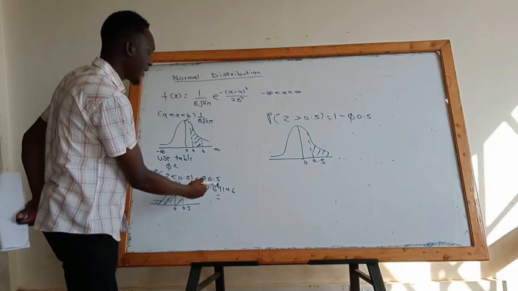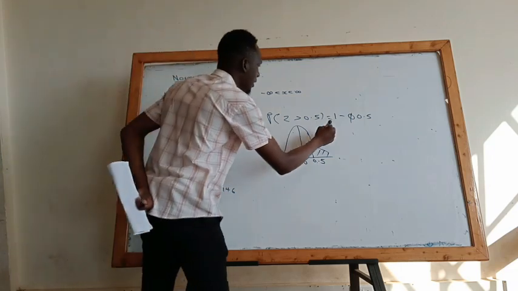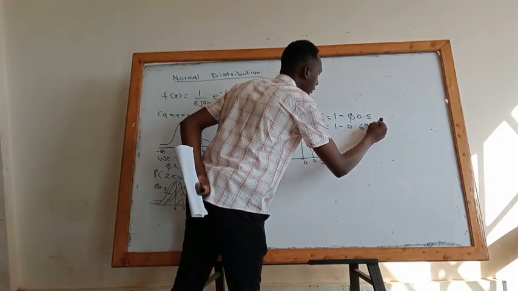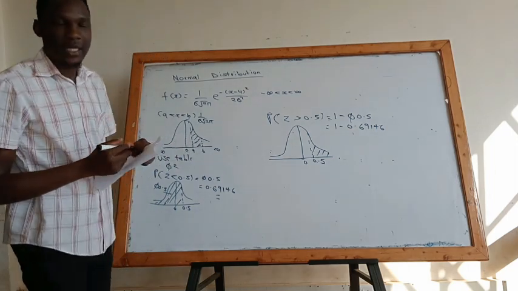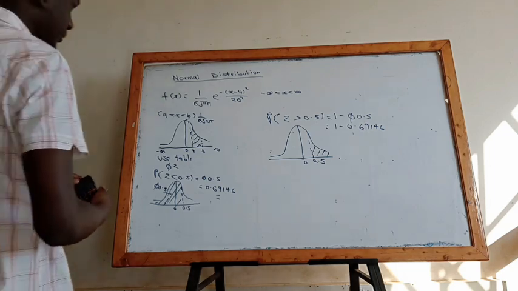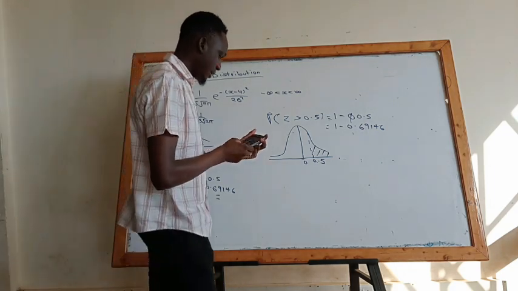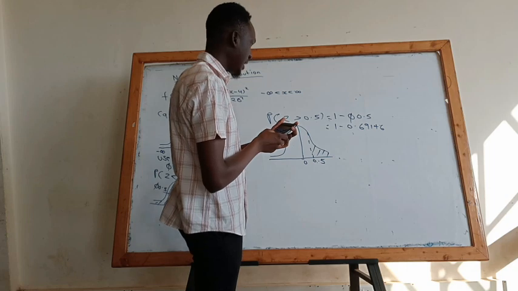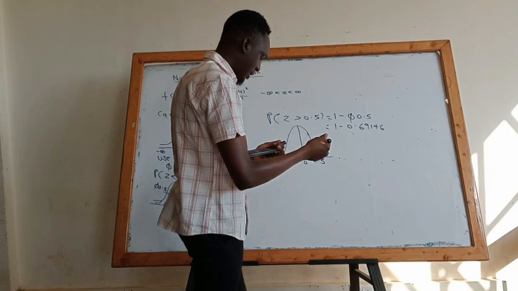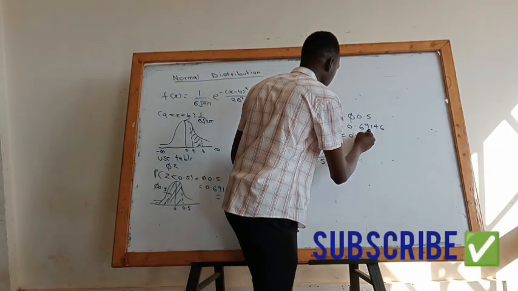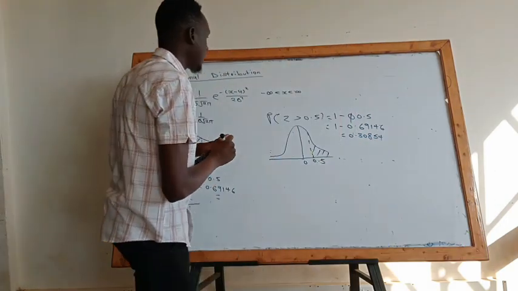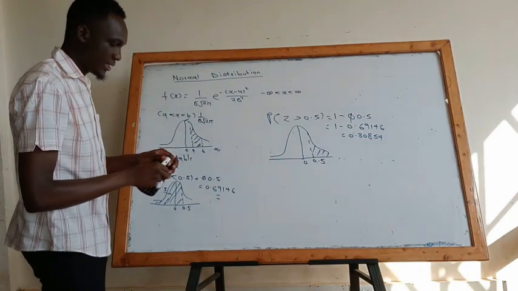Phi 0.5 is 0.69146, so it will be 1 minus 0.69146, which gives 0.30854. So this is our probability that Z is greater than 0.5.